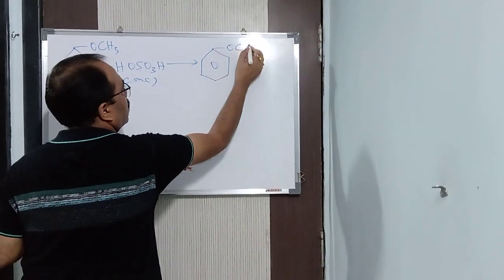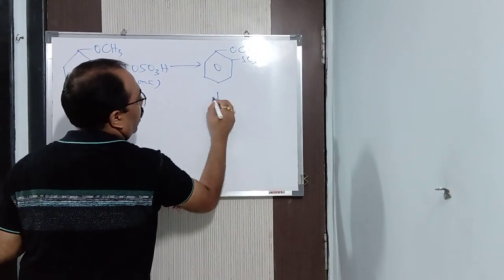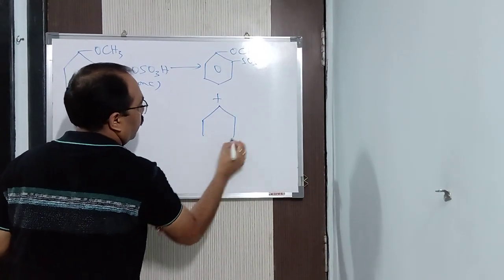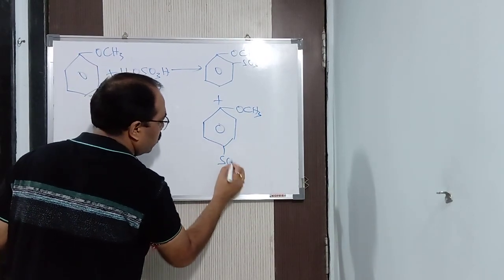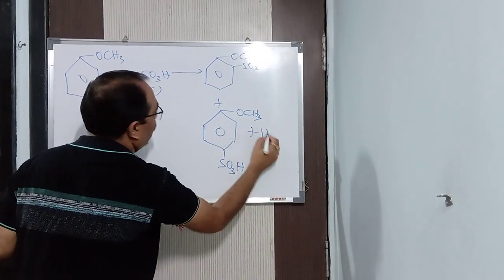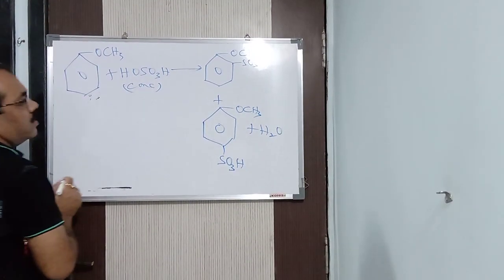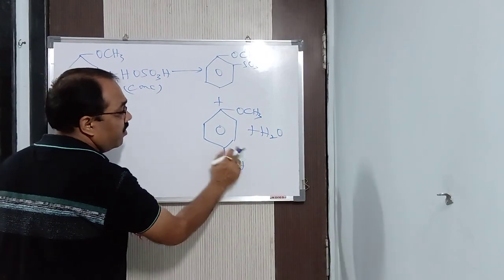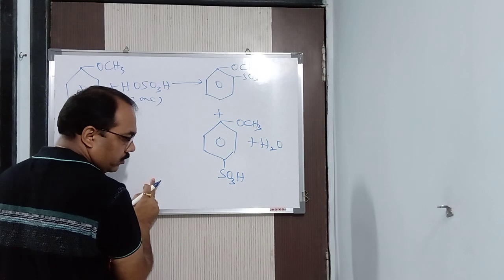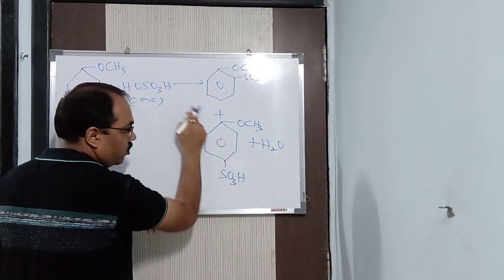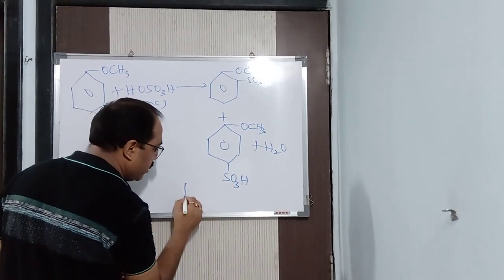Here it is OCH3 and SO3H at ortho, plus the benzene ring with OCH3 and SO3H at the para position, plus water. Clear? SO3H is the primary functional group, isn't it? So hence the methoxy becomes your prefix. First, second, third, fourth, so this is para. So para-methoxybenzene sulfonic acid.